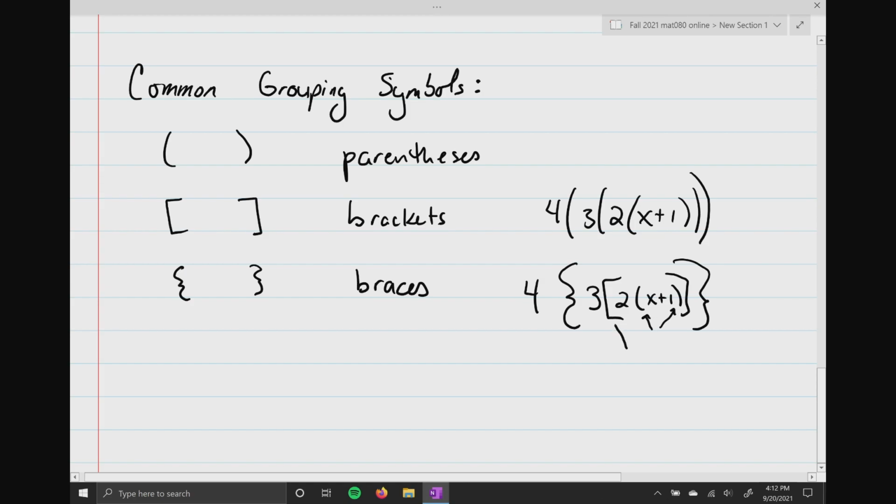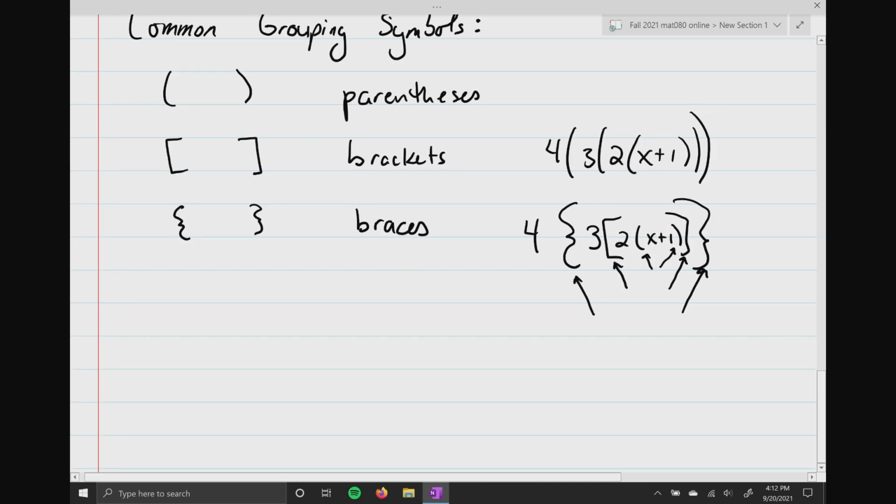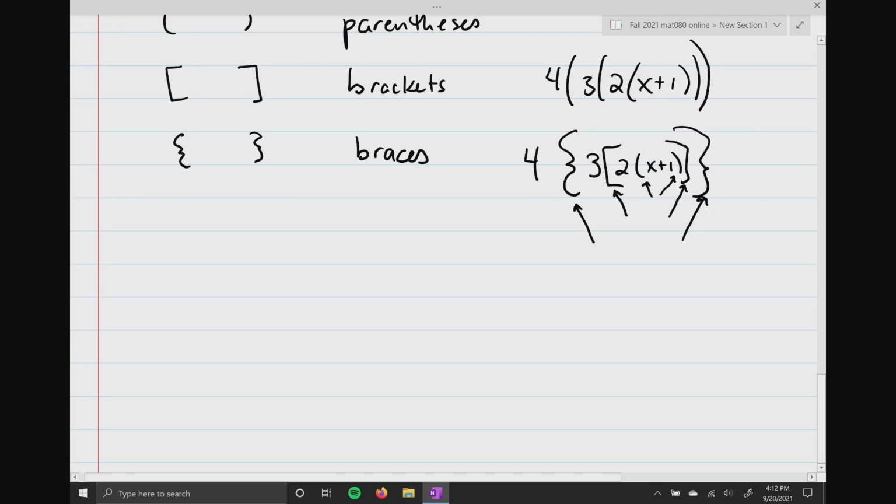Anytime we open a bracket, we close it. Anytime we open a brace, we close it. So these common grouping symbols are just for notation. It's to help our eyes focus on where in the problem we want to look. That's it.